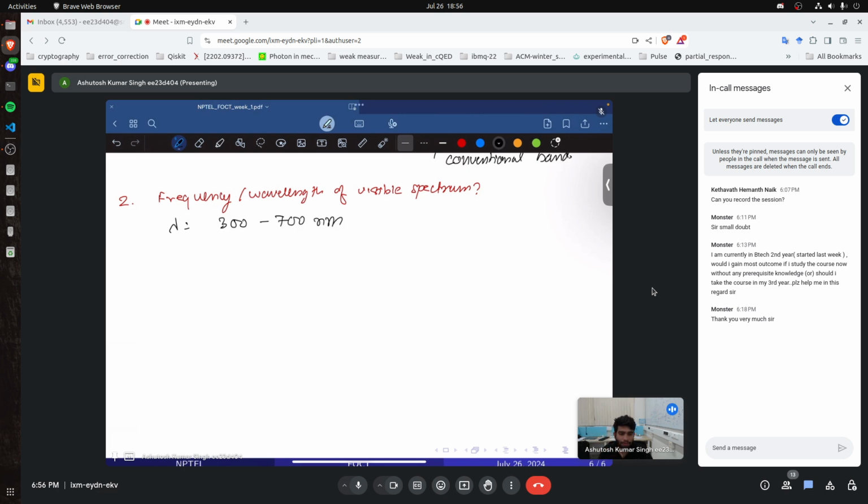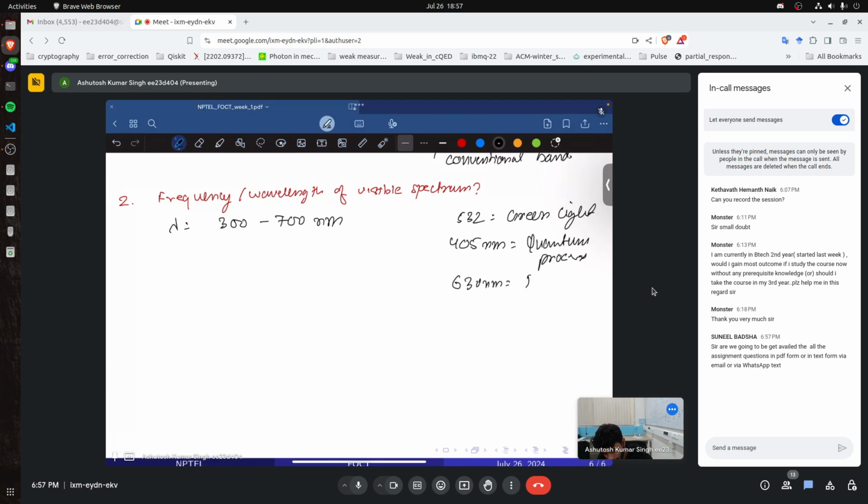This is just something that we know. We know that 532 nanometer is green light, which is favored for underwater communication. 405 nanometer is used in many quantum processes. 630 nanometers is red light.